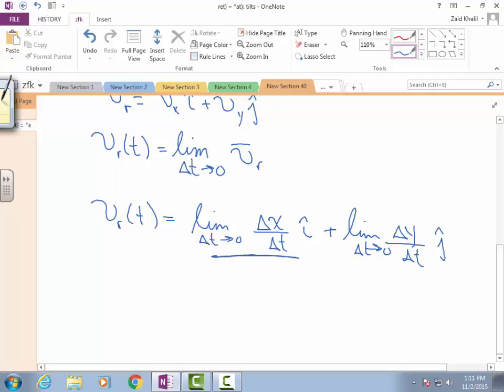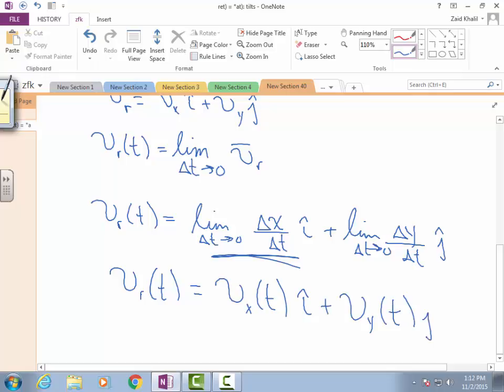But what's this? No, that's definitely not undefined. This is definitely defined. You're saying that delta t is 0, but it's not 0. It's going to 0. That is what type of velocity? That's right. In other words, VR of t is equal to Vx of t i hat plus Vy of t j hat. It's the instantaneous velocity in the x direction and the instantaneous velocity in the y direction.